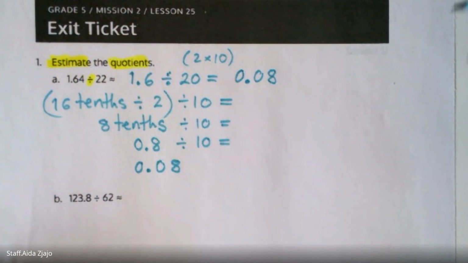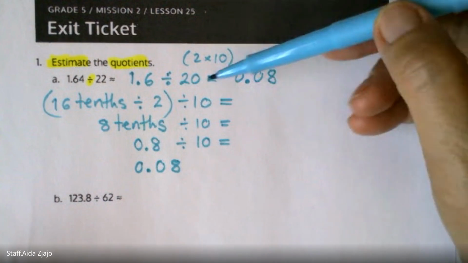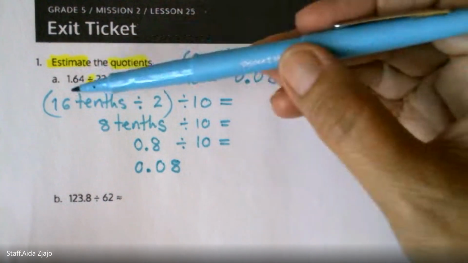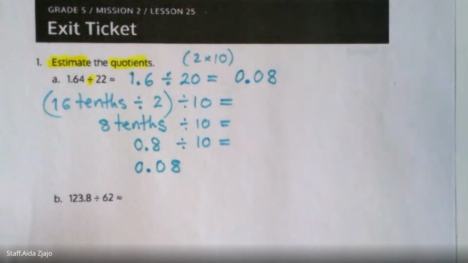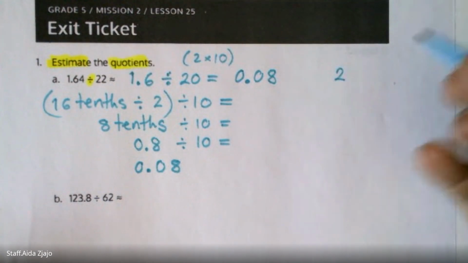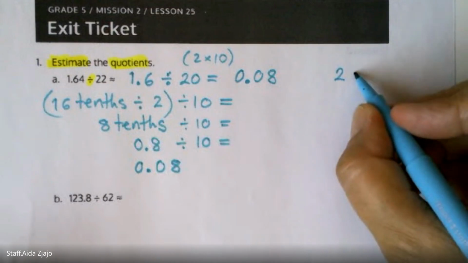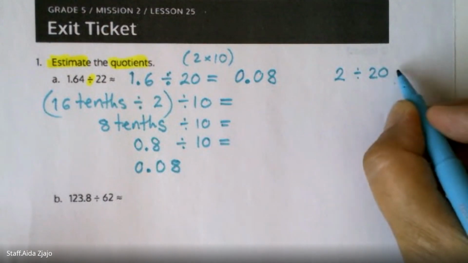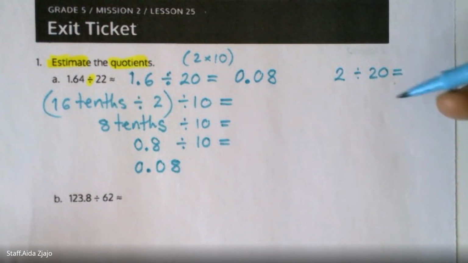You won't be wrong if you estimate that $1.64 is about $2, and then you can divide $2 among 20 people. What if I have $2?